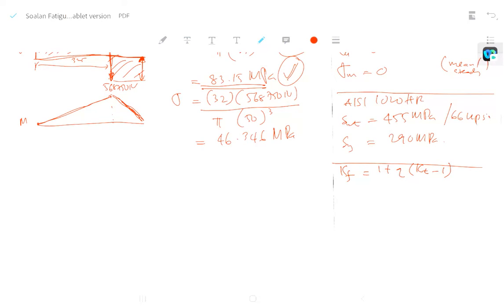Okay, could you see the tables, the graph for the KT?